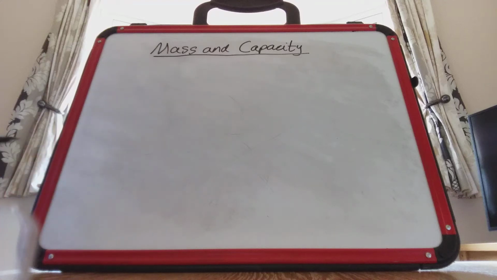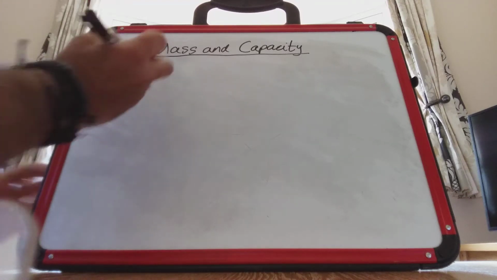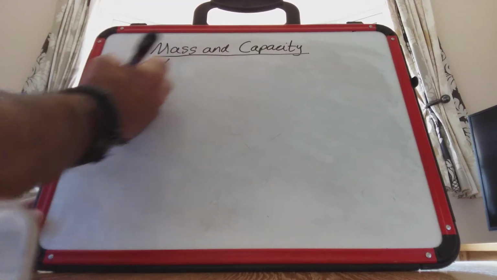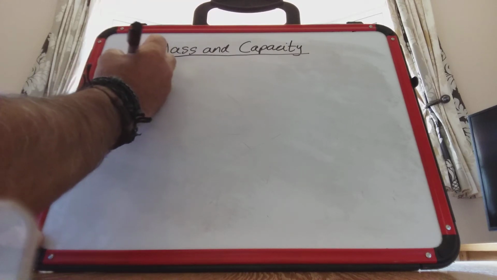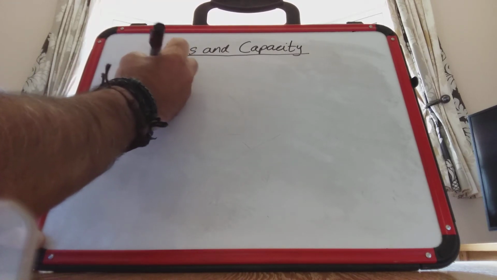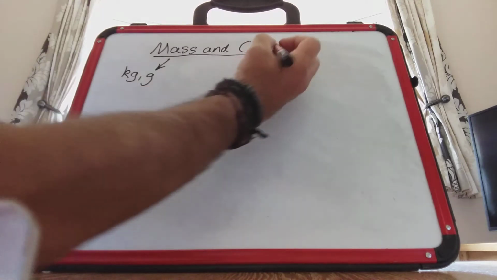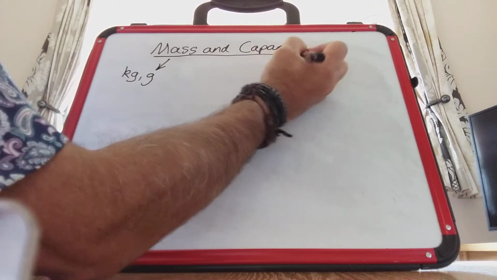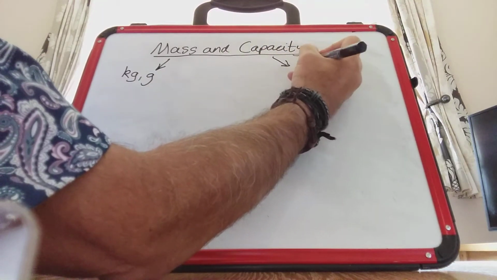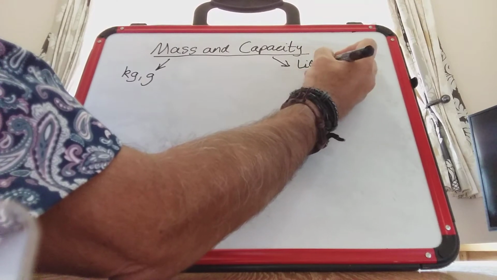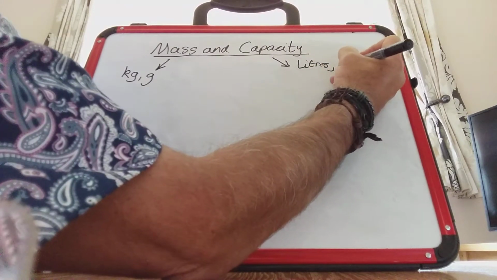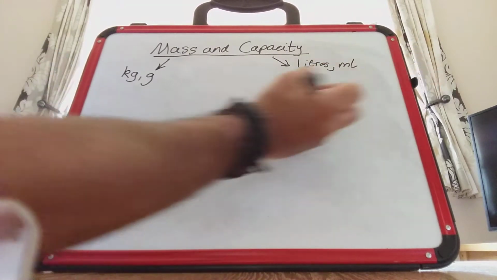Now this lesson is about mass and capacity. So just to remind you, mass is to do with kilograms and grams, and capacity is to do with litres and millilitres.